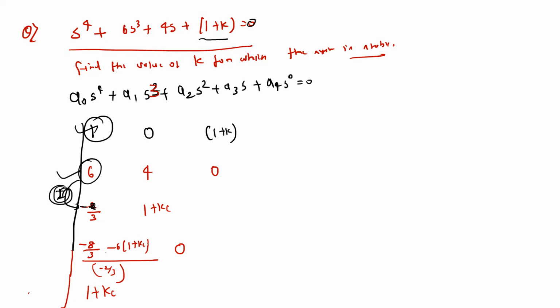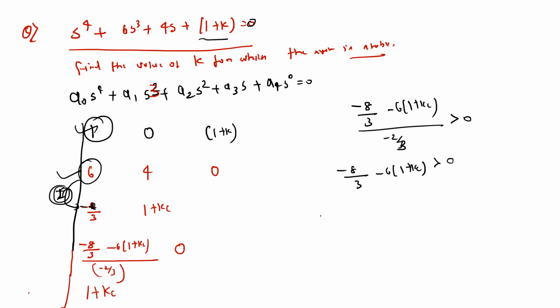Now, how can I calculate the value of K? Here you can see two things are there, right? Minus 8 by 3 minus 6 into 1 plus Kc, divided by minus 2 by 3, should be greater than 0. So can I write minus 8 by 3 minus 6 into 1 plus Kc should be greater than 0, if I multiply this side?